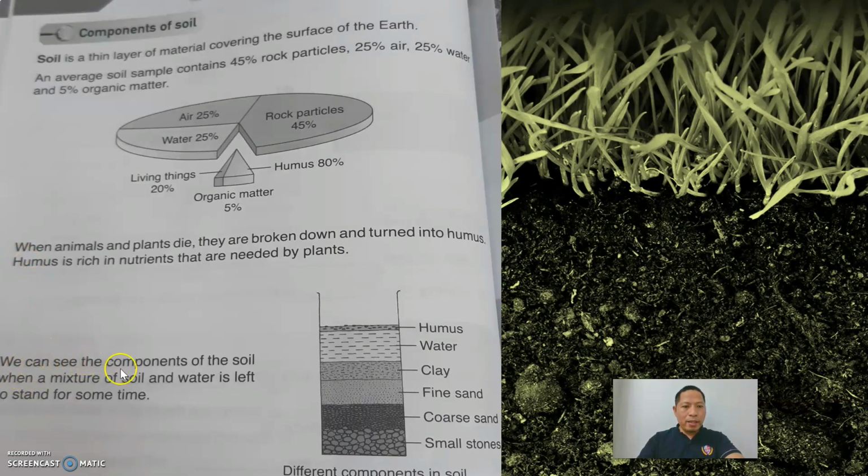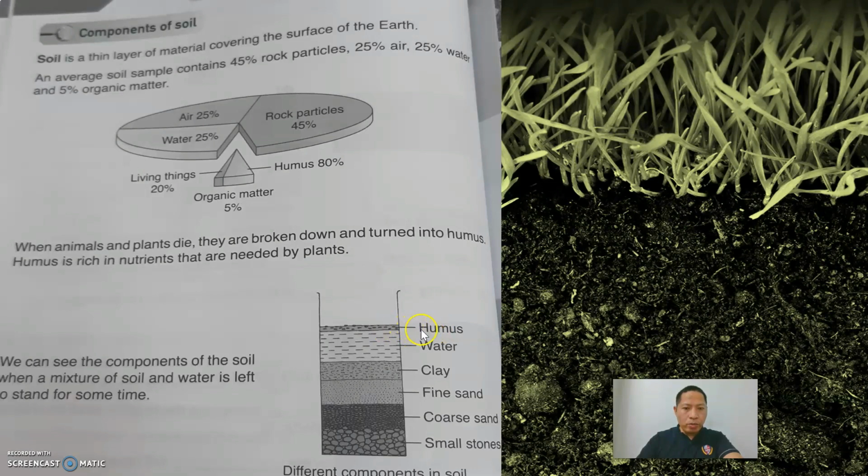Now we can see the components of the soil when a mixture of soil and water is left to stand for some time. So components mean the layers of the soil. In here, different components in soil. Below there are small stones, then coarse sand, fine sand, clay, water, and humus.